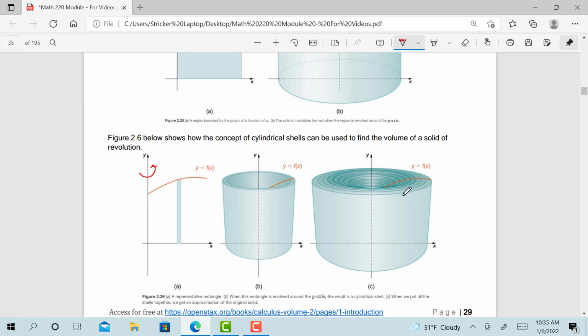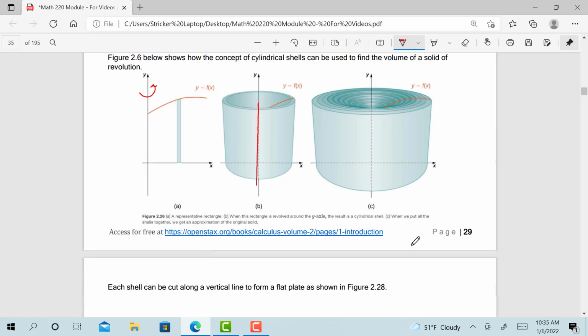But how we want to think about it is we want to take one of these shells, because essentially what we need to do is find the volume of one of these shells, and then through integration, add that infinite number of volumes together. The way we want to think about finding the volume of one of these shells is by cutting it vertically and then laying it out flat.